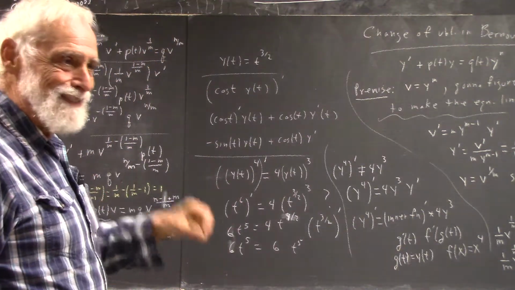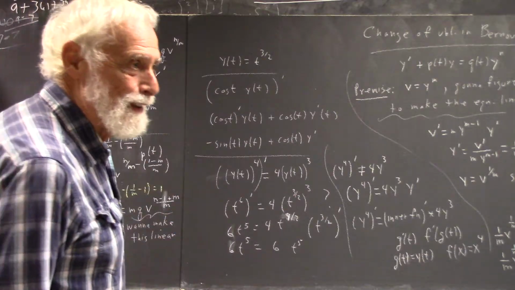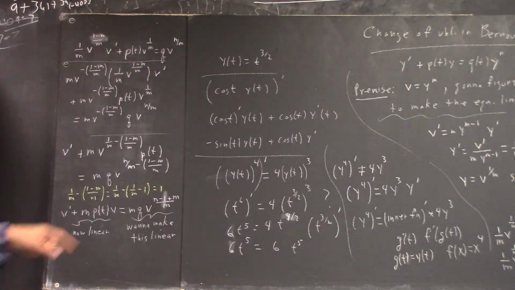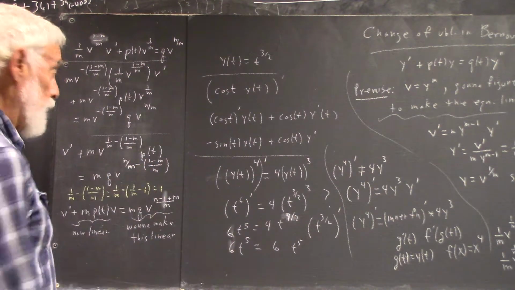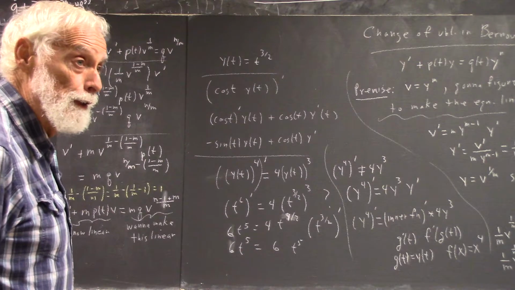You almost had it, and you saw it immediately when I prompted you. Wonderful. That was very good. Okay? If this power is 0, then boom, we have a linear equation, right?